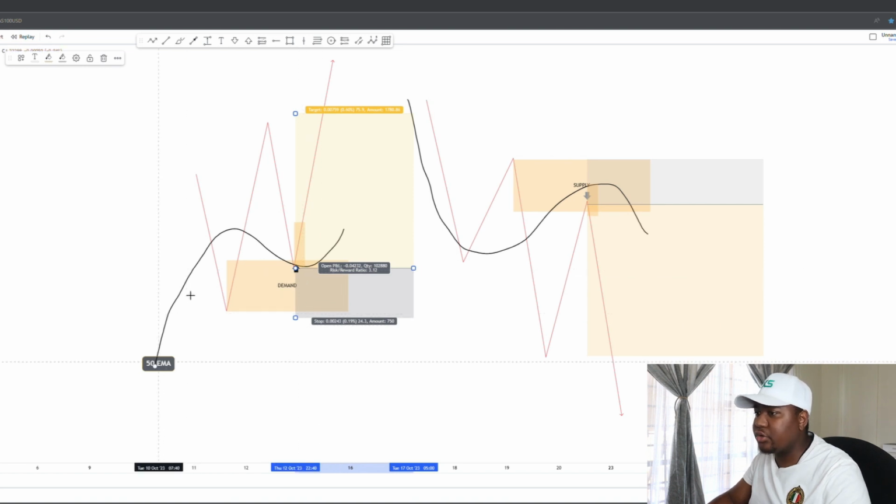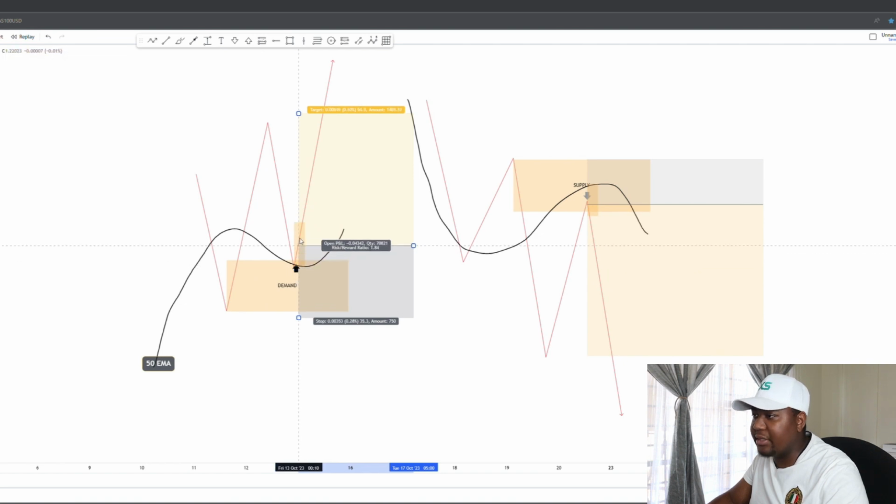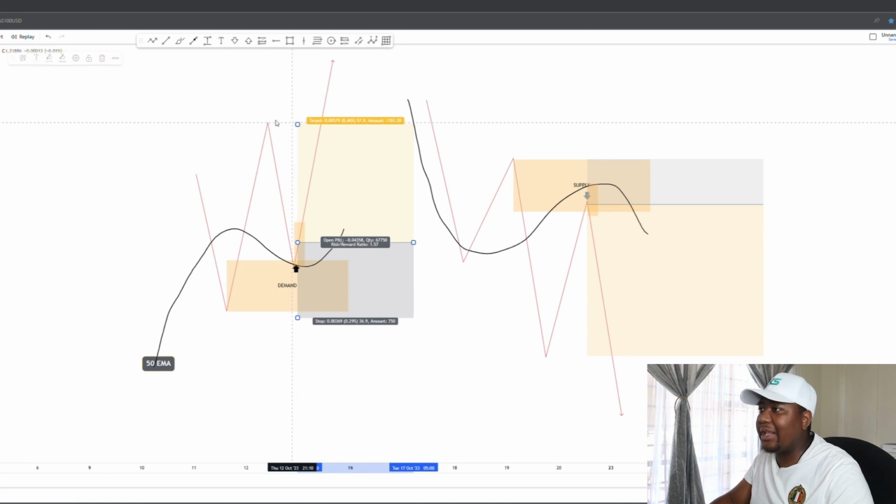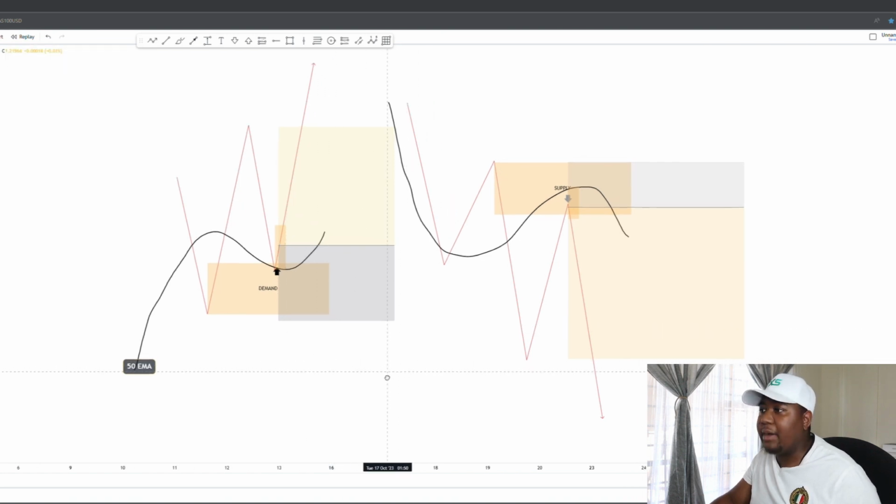So the best way is to imprint a 50 EMA, and once a candlestick imprints and the market is being supported by this EMA right here, then that's when you know the market is responding to the demand level that I've just marked. Then that's when you plot your risk to reward ratio. I would advise that you put your take profit on the next higher high and your stop loss below the demand level.